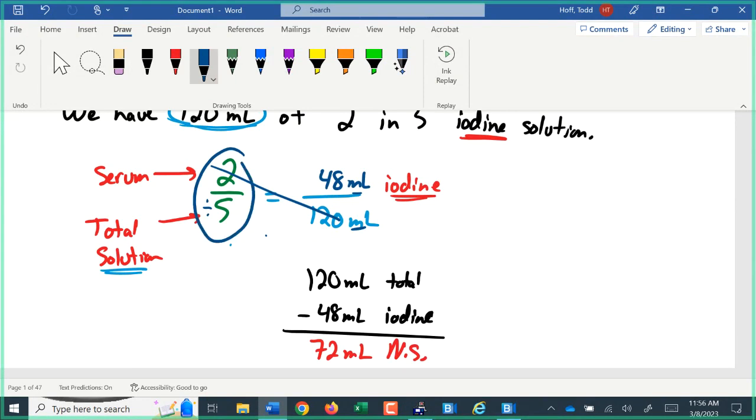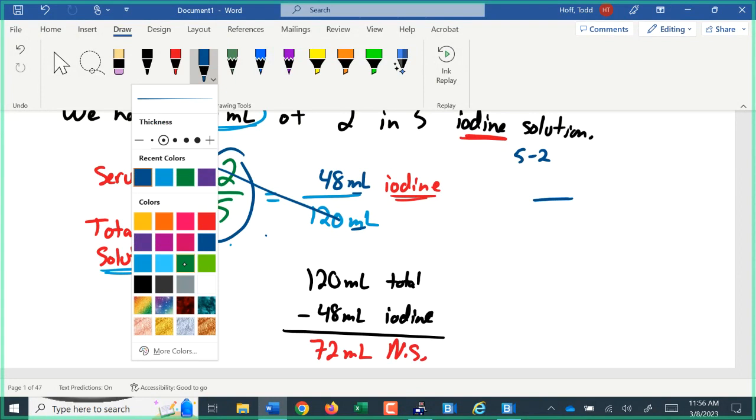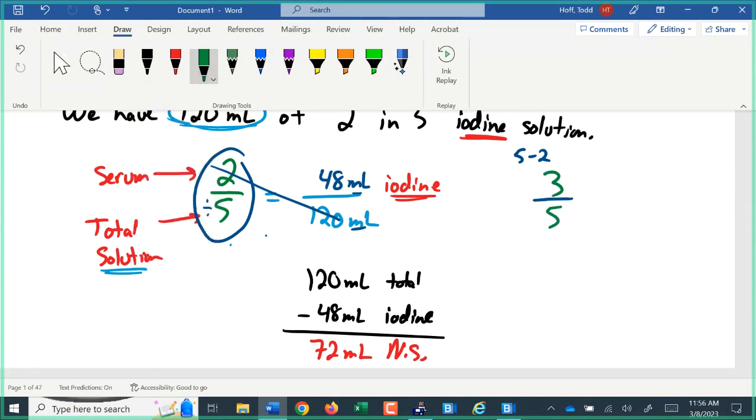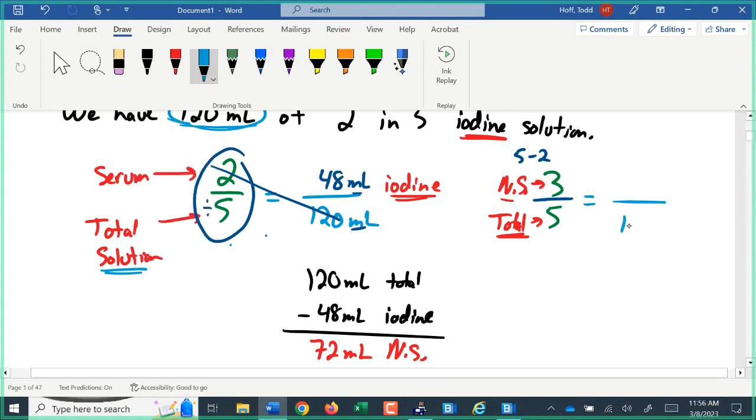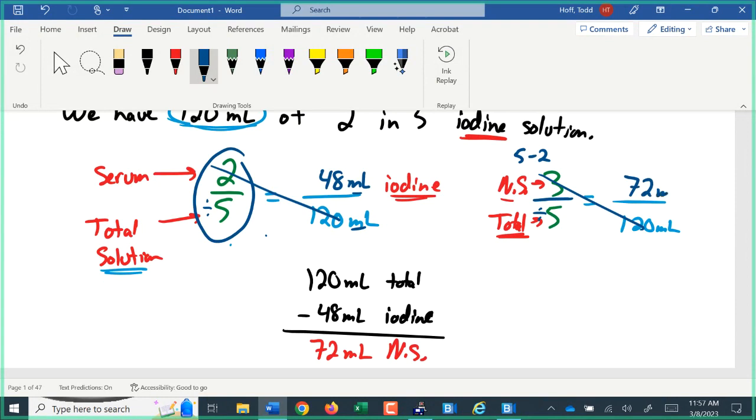If 2 of the total of 5 parts is serum, 5 minus 2 would be 3 parts out of the 5 total that are the NS. So the 5 parts is still the total. We just subtracted the 2 parts of serum from that total to get the other 3 parts of neutral solution. Then on the other side, we have our 120 milliliters of total solution, and we cross multiply and divide. 3 times 120 divided by 5 is 72 milliliters of our sterile water.